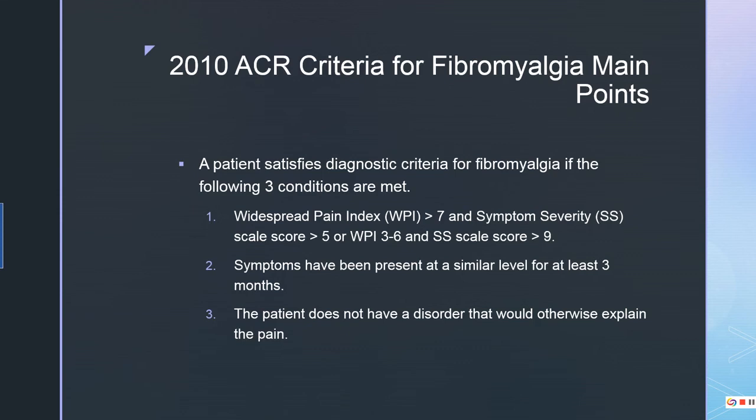Widespread pain index greater than 7 and symptom severity SS scale score greater than 5, or WPI 3 through 6 and SS scale score greater than 9. 2. Symptoms have been present at a similar level for at least 3 months. And 3. The patient does not have a disorder that would otherwise explain the pain.